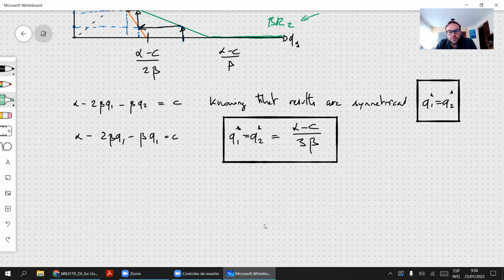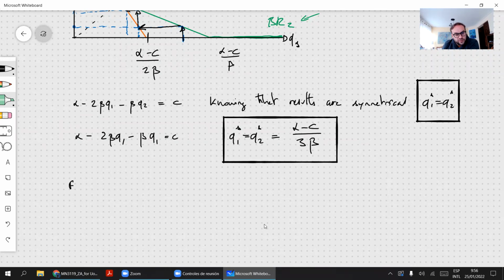The other way of doing that, which is mostly useful if you have many firms, is to compute first the aggregate quantity. I can compute the aggregate quantity in the following way.